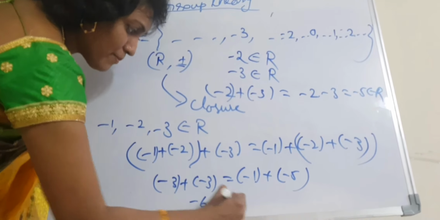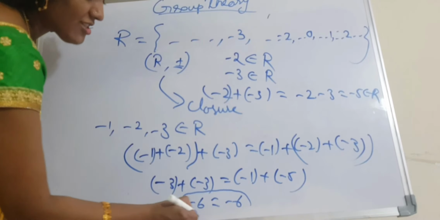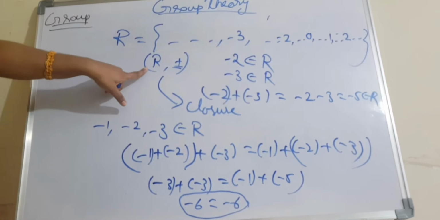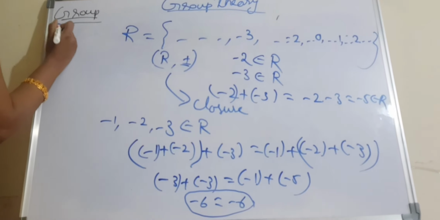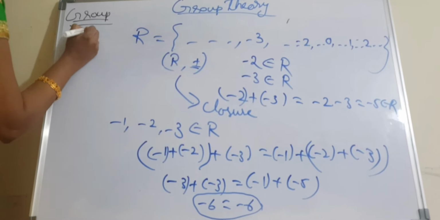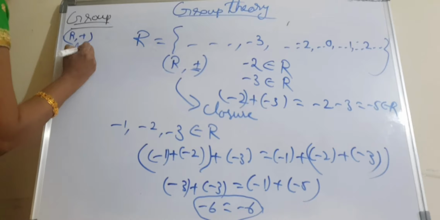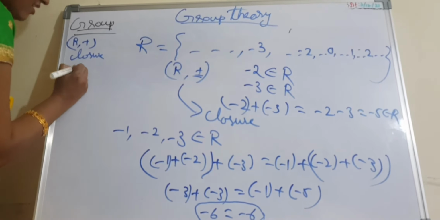Here also -6. Therefore R plus satisfies associative: closure and associative.